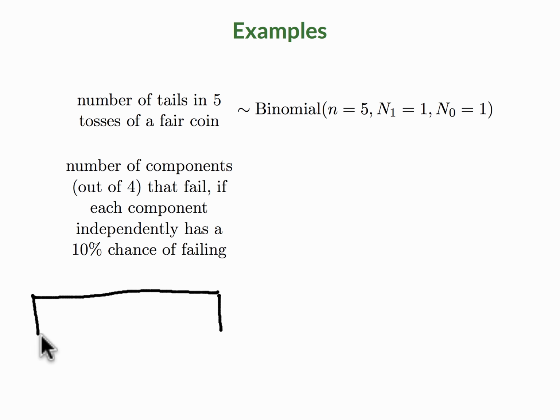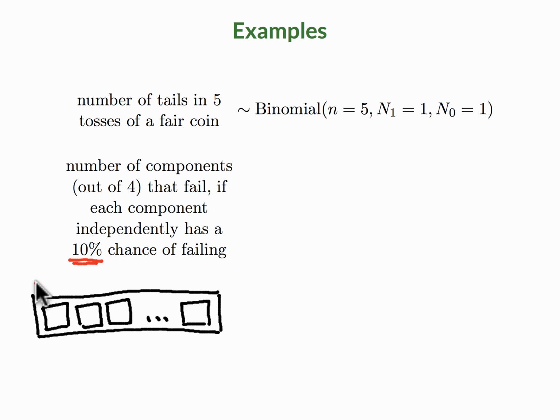So I'm going to have a box, and each draw from this box is going to represent one component. Now, how many tickets should go in this box? Well, I want to represent this 10% chance of failing. So let me put 10 tickets in this box, and one of those tickets will represent the case where the component fails, and the other 9 will represent the case where the component is okay.